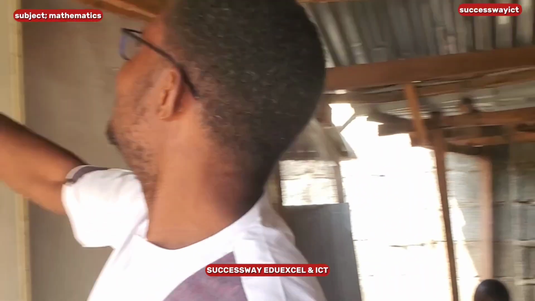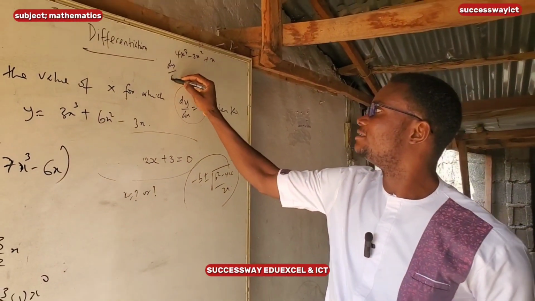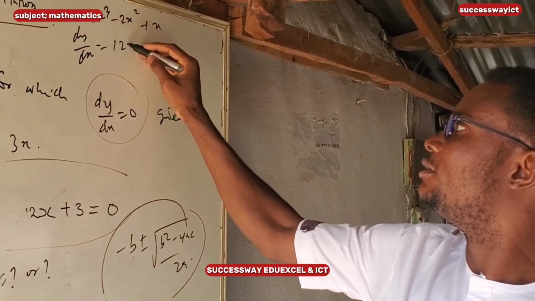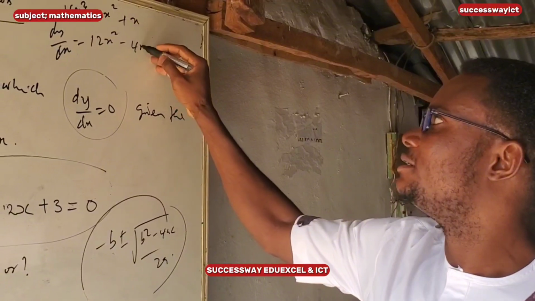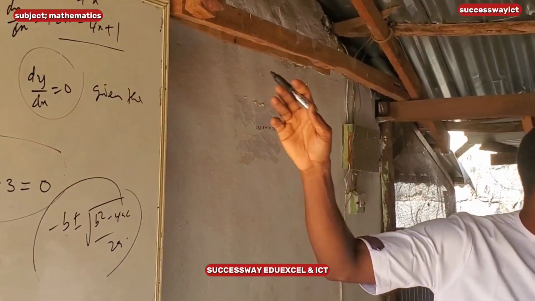All right. Your answer is very simple. dy/dx is equal to 12x squared. You got it right?